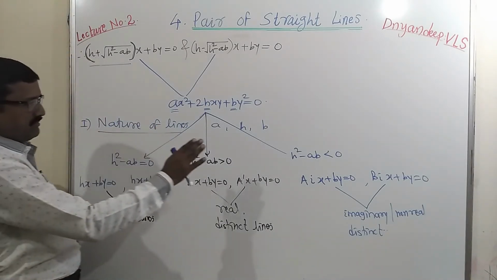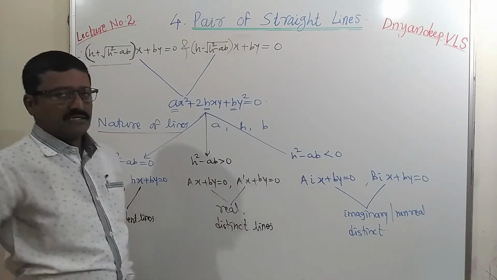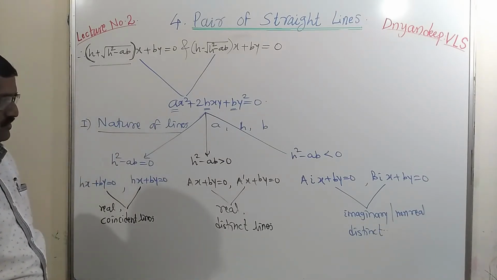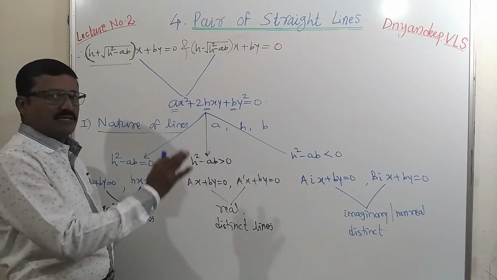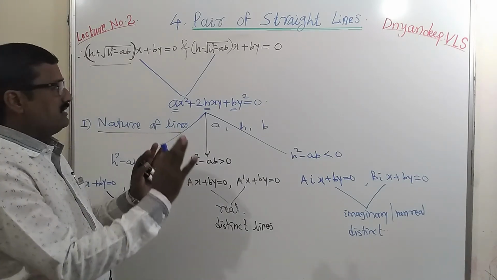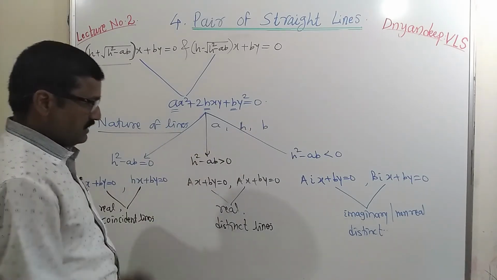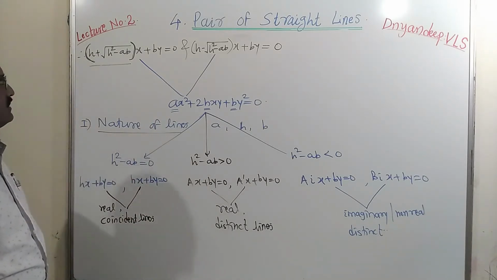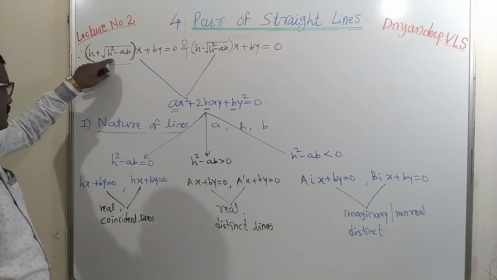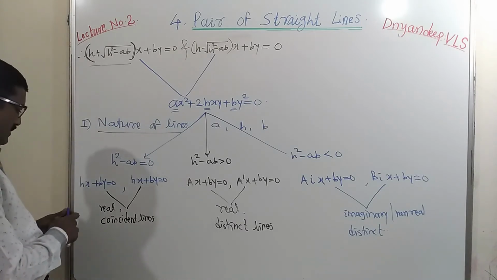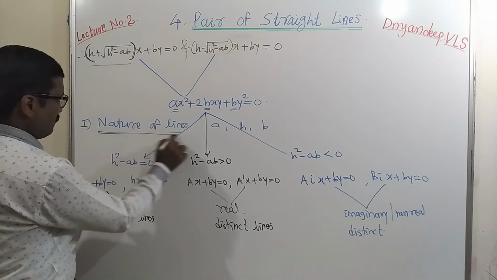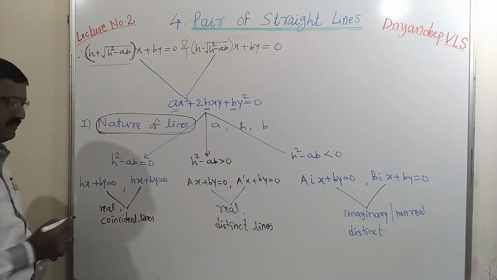So whenever h square minus ab is negative, we get imaginary distinct lines. Actually those are not really lines, but we can imagine these two equations as lines. So these are the three different cases which depend on h square minus ab, and that is the nature of lines. So remember this nature of lines.